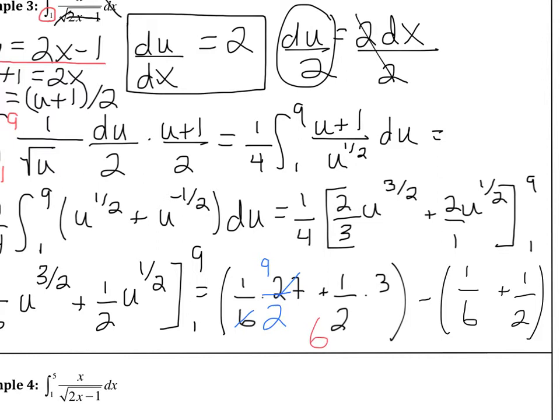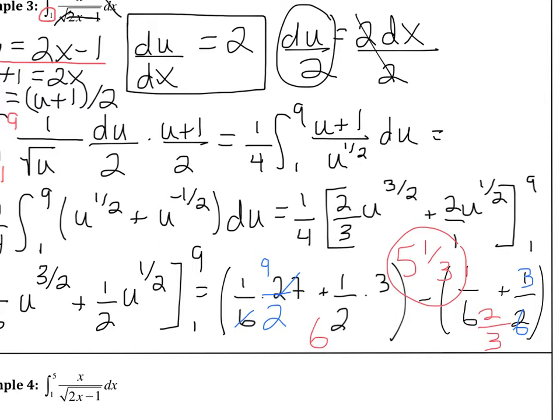And then 1/6 plus 1/2, well, that's really 1/6 plus 3/6, so that's 4/6, which is 2/3. So 6 minus 2/3 will give us a grand total of 5 1/3. Again, please check my arithmetic. My arithmetic is going to be the weakest part of this video.